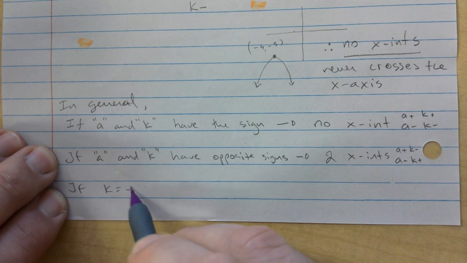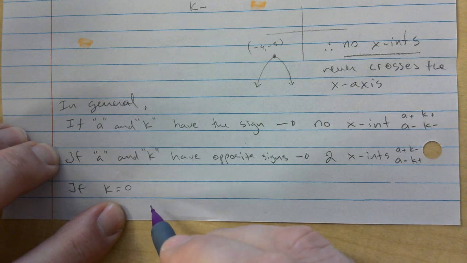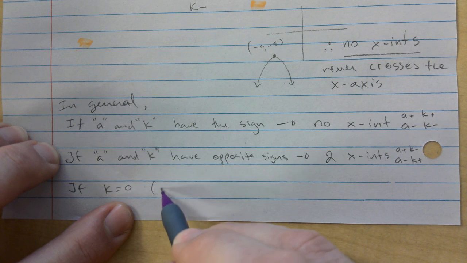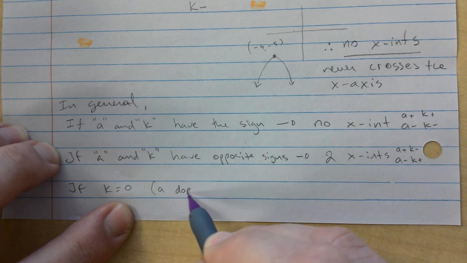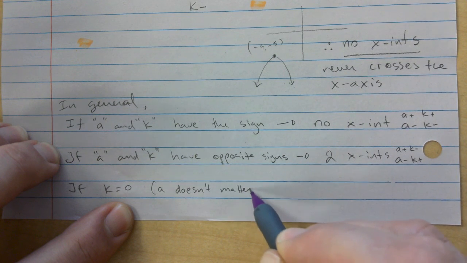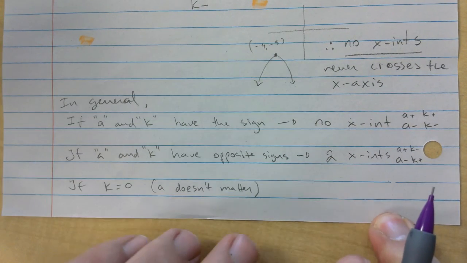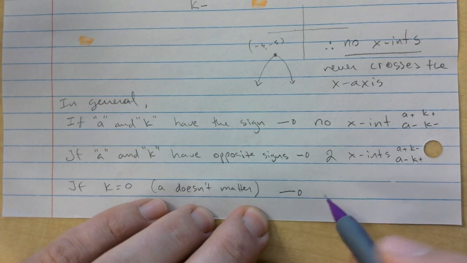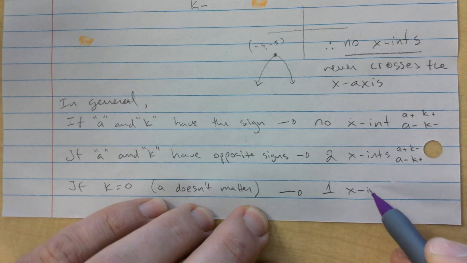If K is equal to 0, A doesn't matter. One x-intercept.